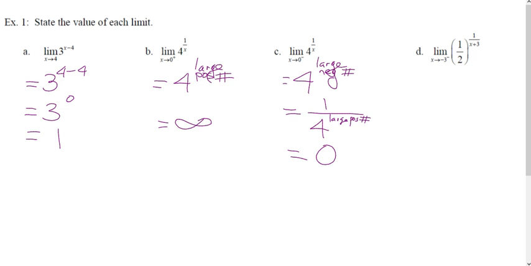So bigger than -3 in the sense of magnitude. So this will become -3.0001 plus 3, which is going to make it a very small negative. Okay, so what do we have? We have 1/2 to the power of 1 over a very small negative. What's 1 divided by a very small negative?